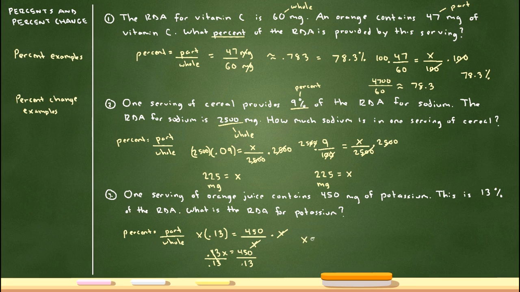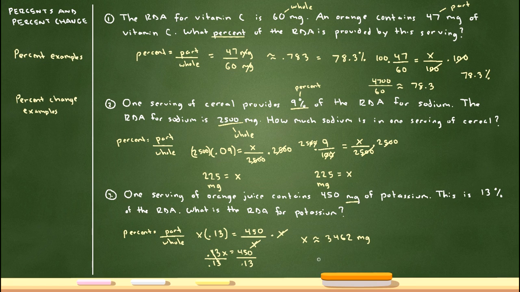And if you do, it looks like we should obtain 3,000, approximately. So let me do the approximation here. X is approximately 3,462. And what are the units? Well, we're working with milligrams. So that should be milligrams.